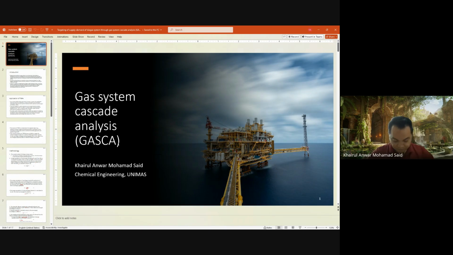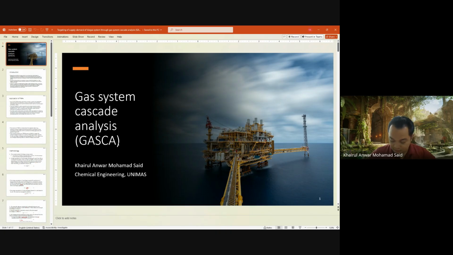We continue to, I guess, cascade analysis. Last week we learned about GASCA's calculus, but that one is based on concentration.